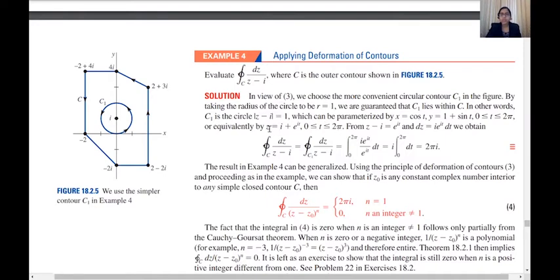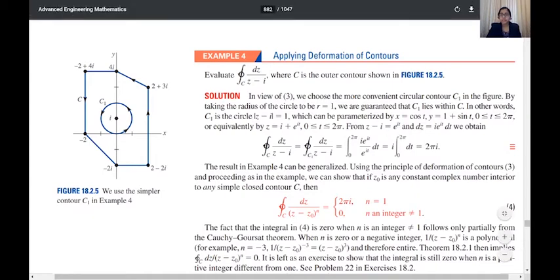From this, z minus i will be e raised to it. And dz will be the derivative: the derivative of i is 0, and the derivative of e raised to it is i times e raised to it dt. So this is easy to calculate.